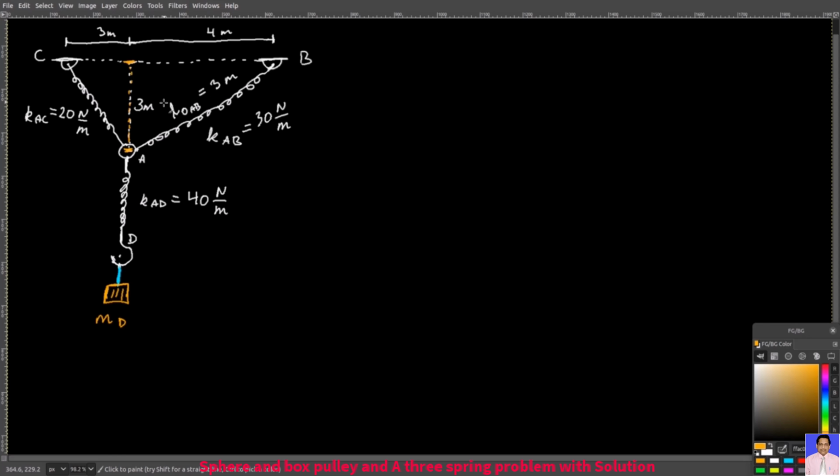First of all, because we know the length of the unloaded spring that goes from A to B, we can right away calculate the force in the spring. So if I draw my free body diagram here, this is positive x and positive y, and the free body diagram will be drawn for this point here, point A. First of all, we know that it has a force of gravity, which is md times g.